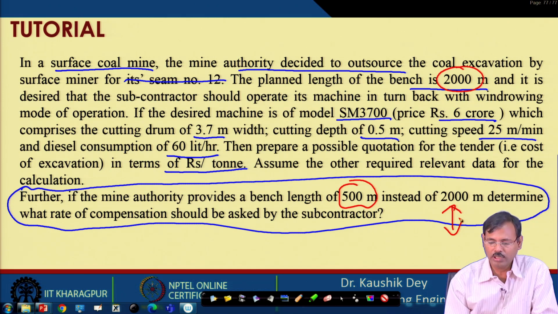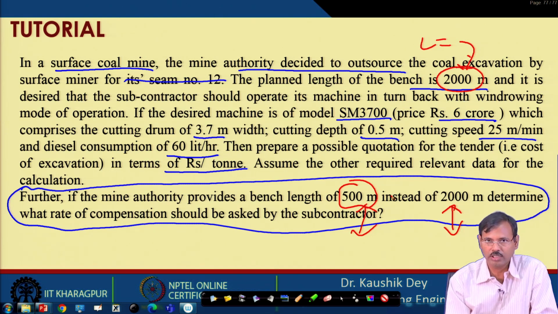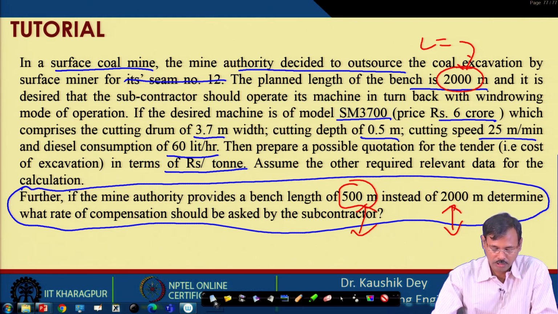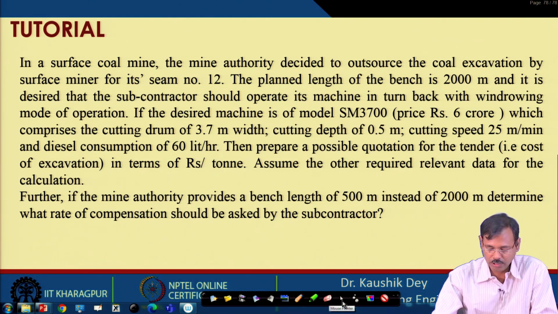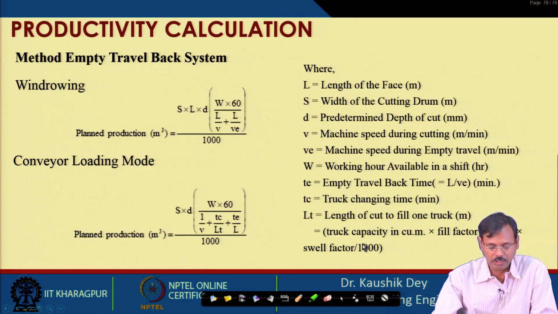It is a simple one. The first calculation will be made considering L equal to 2000. Then the calculation can be made using 500 also, and then find the difference between these two. Whatever the difference is, that is the compensation to be asked from the mine authority because of their inability to provide the desired length.